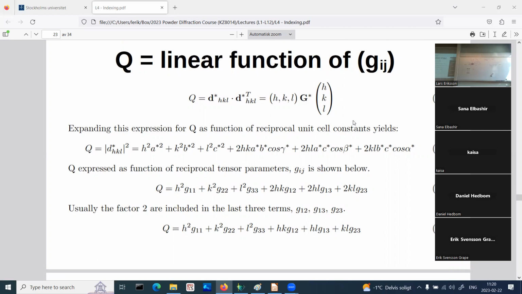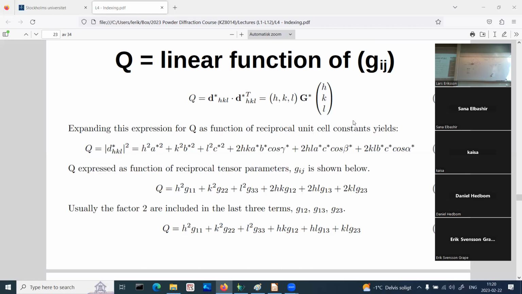So here you have a simple linear expression of the distance from reciprocal space, with terms of the HKL: H square, K square, HK, HKL, times some parameters that we can call cell parameters, but they are related.